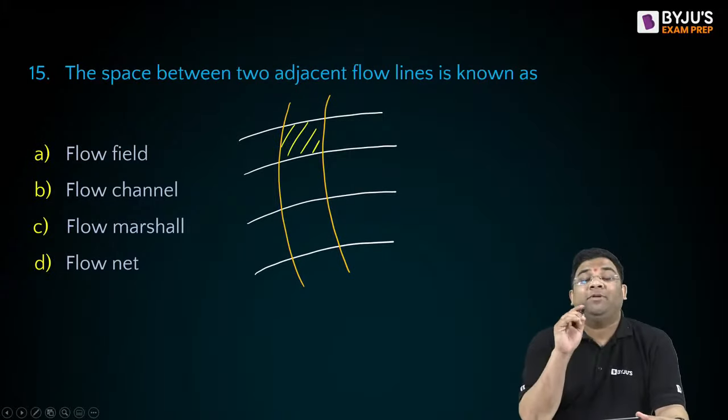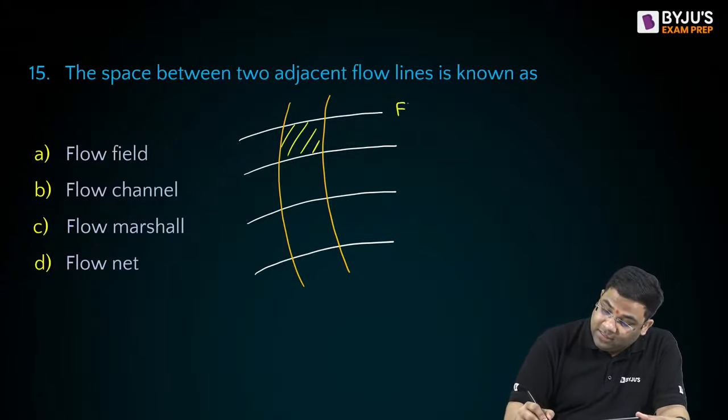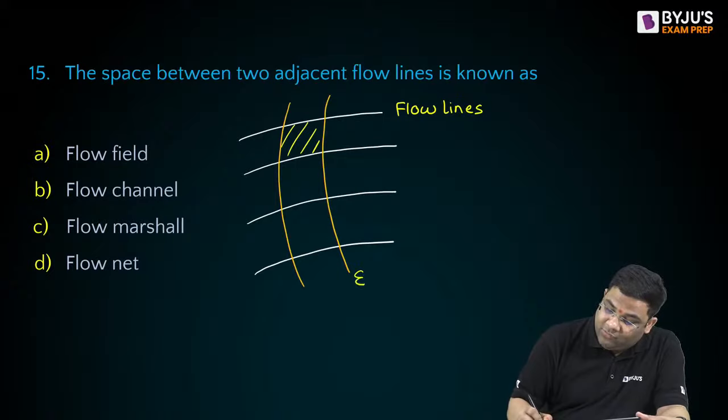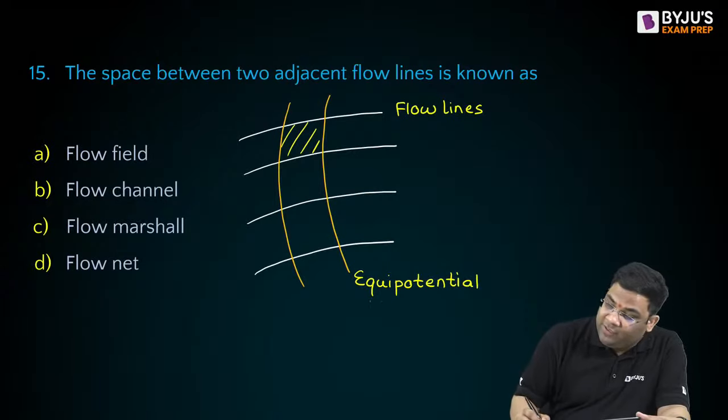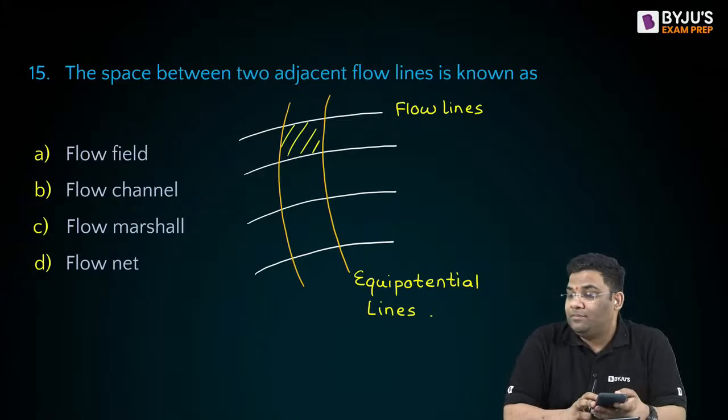These are flow lines, and this is equipotential lines. This will be known as what? Tell me. What will be the answer for this?